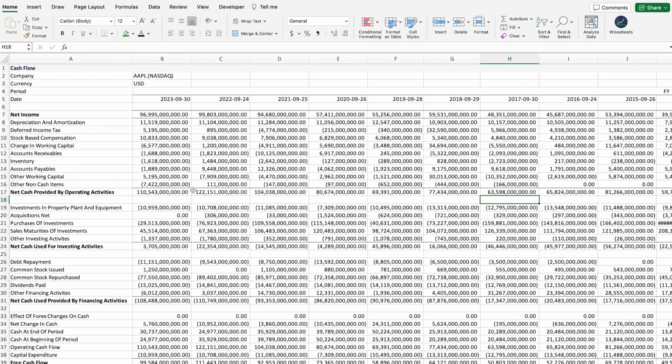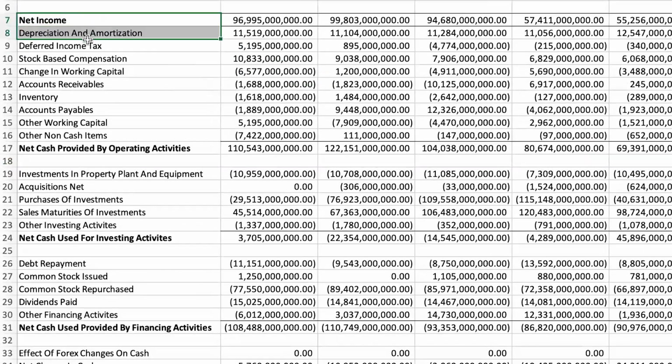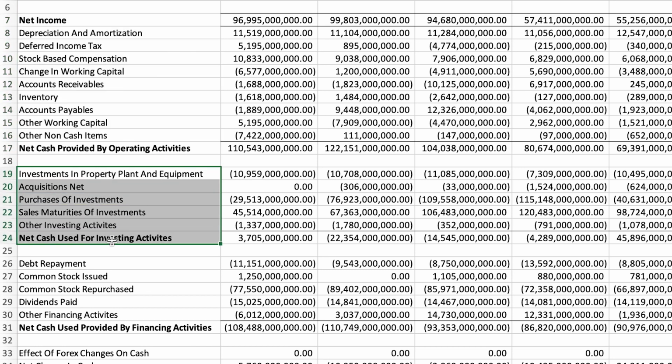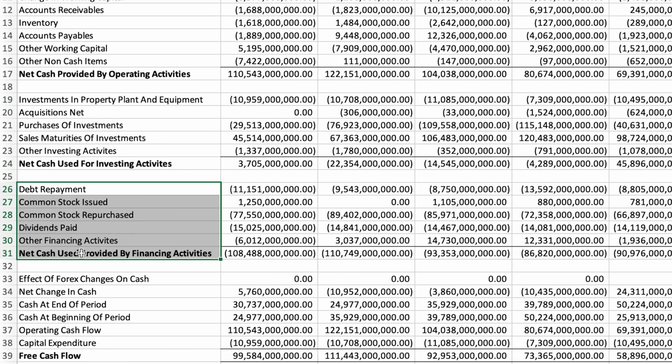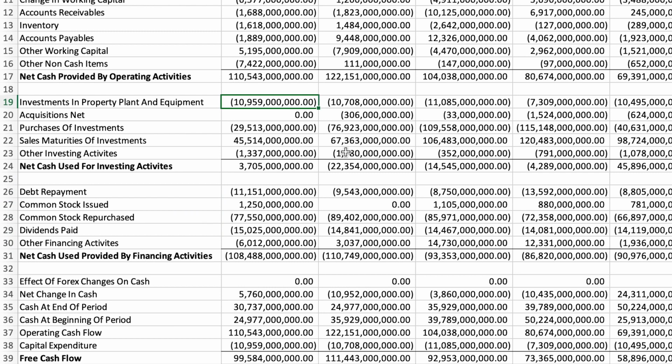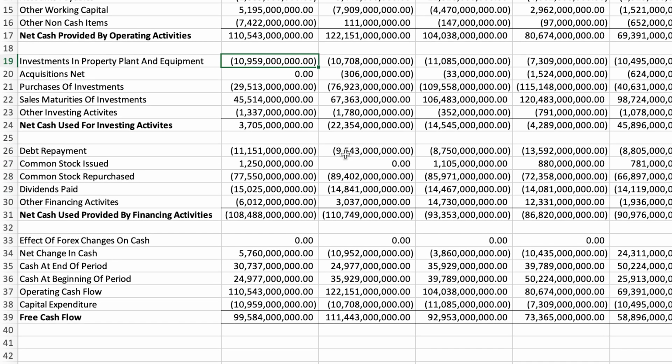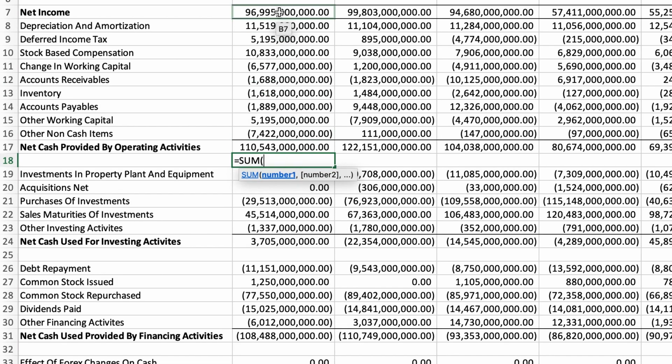Now, when it comes to the cash flow statement, there's three different sections that are very important for you to know. So first, we have the section that talks about the cash flow generated by operating activities. Then we have the cash flow generated by investing activities, and then the cash flow by financing activities. For all of these different sections, what you will see is that you basically take the sum of all of the different items, and this results in the same number that you can see right here.